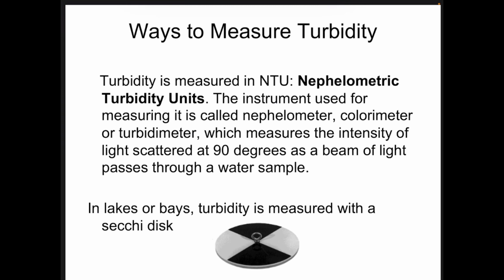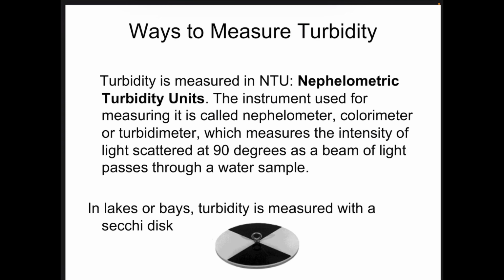You can also use a colorimeter, which uses the color of your sample, or a turbidimeter, which measures the intensity of light scattered at 90 degrees as a beam of light passes through a water sample. It measures how much of the light is absorbed by the sample and how much of the light passes through the sample.